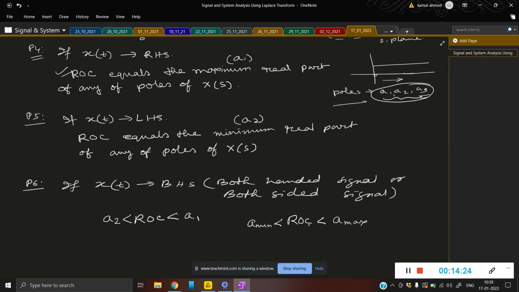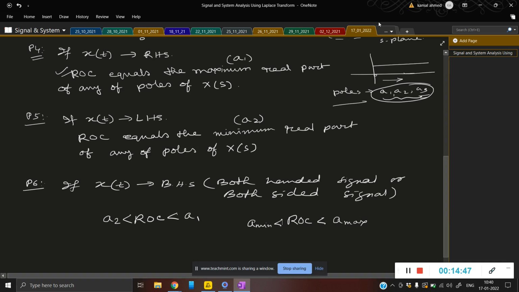Okay, so these are the properties of ROC. Now we are finding out the ROCs of the Laplace transform. First of all, we have to find out in which direction the signal will be situated.